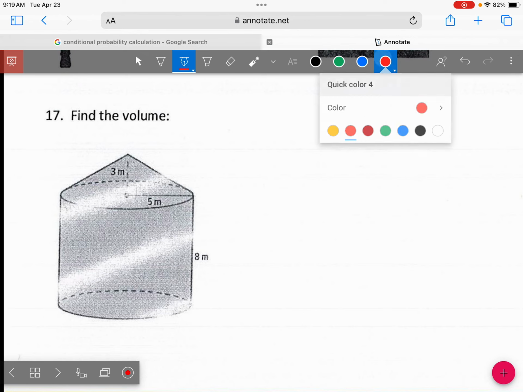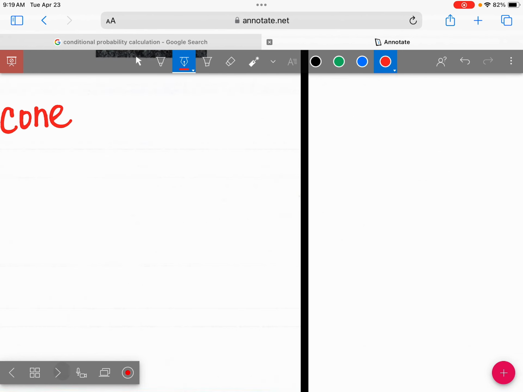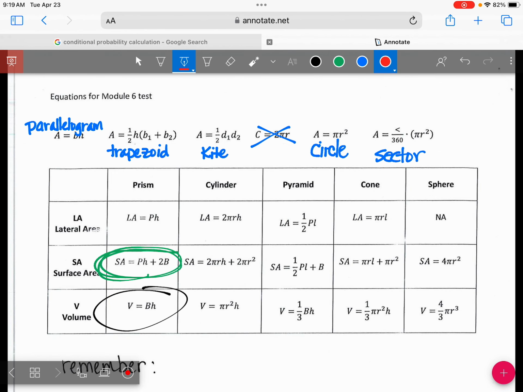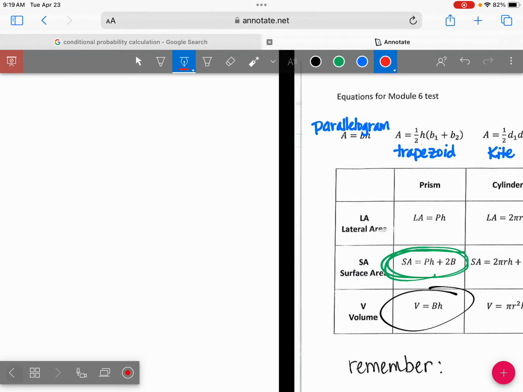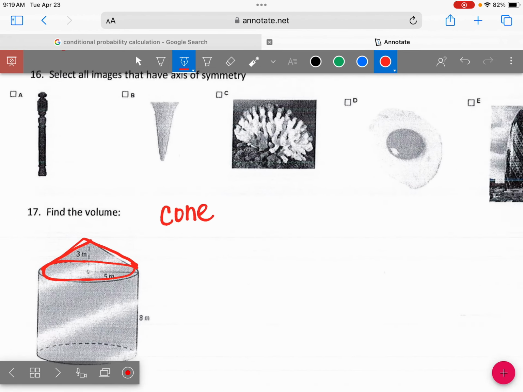So what do we have at the top here? What do we call this? A cone. So can everyone look at the formula sheet? For a cone, this is your formula for volume of a cone. It's pi r squared h divided by 3. So we're going to just find the volume of the cone.